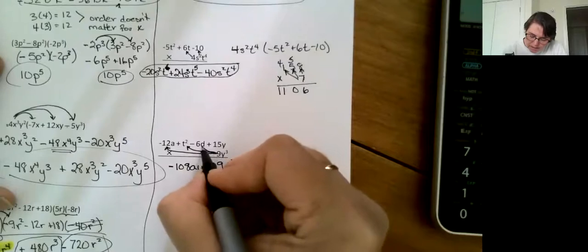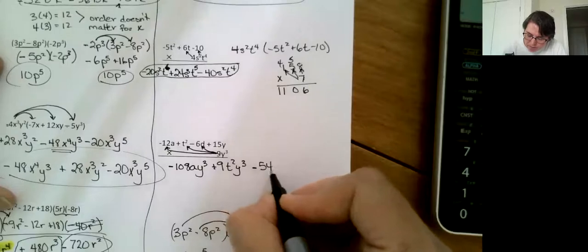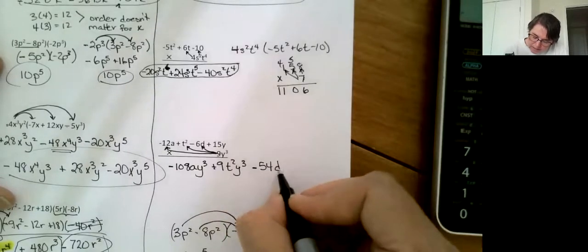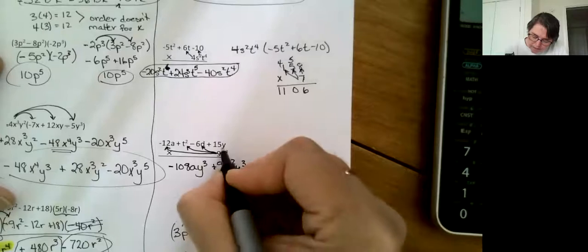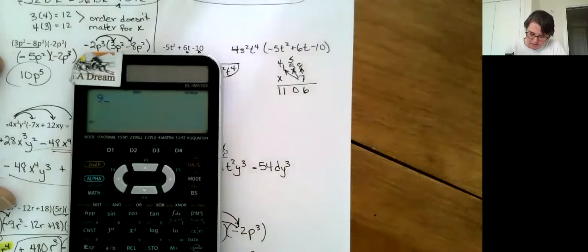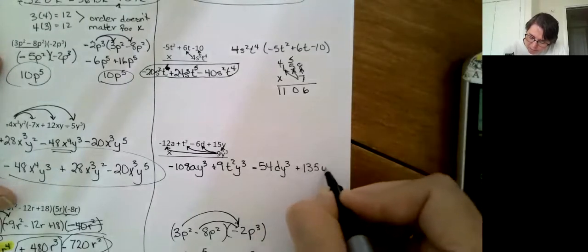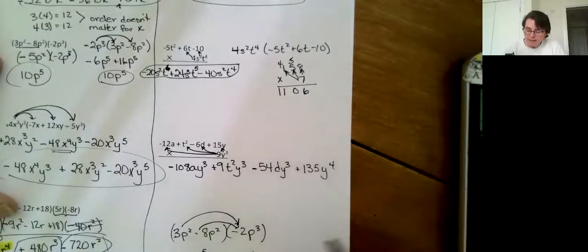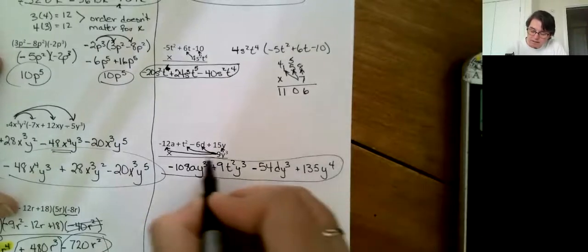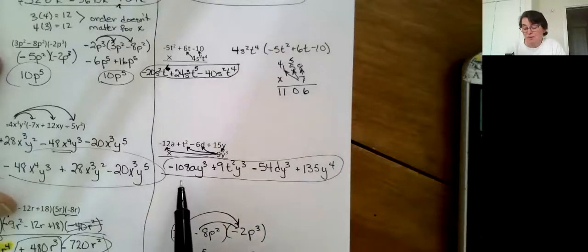And this one times this one, 9 times 6, there's my minus 54 that I was looking for earlier, dy^3. And finally 9 times 15. I should know that. 135, plus 135 by 4. Ta-da! You know what? I learned something new today. Working from the front to the back. Okay, it doesn't make much difference, but it made it a lot easier to write.